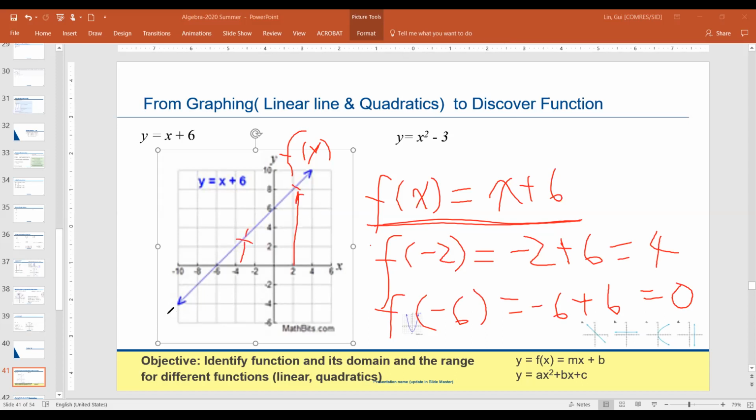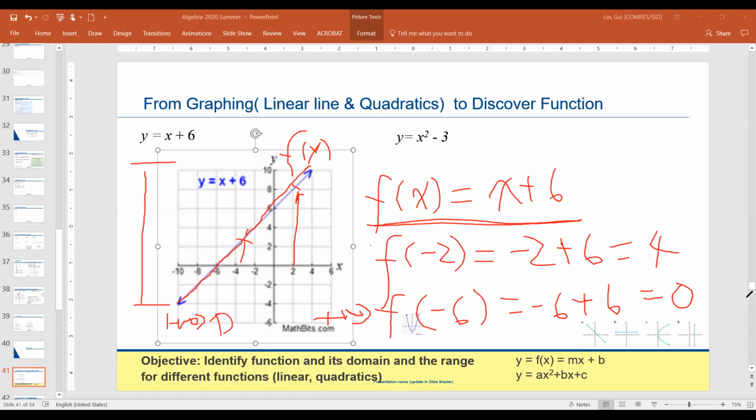So x can be any number from negative infinity to positive infinity, and you can generate y, which can be any number in this range too. This one we call the domain.